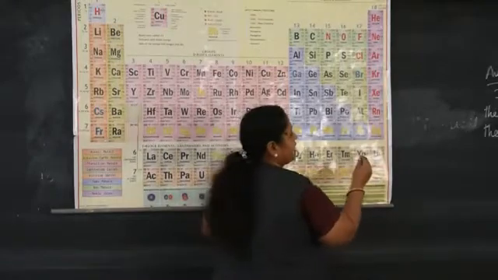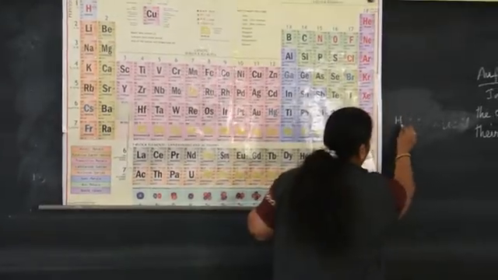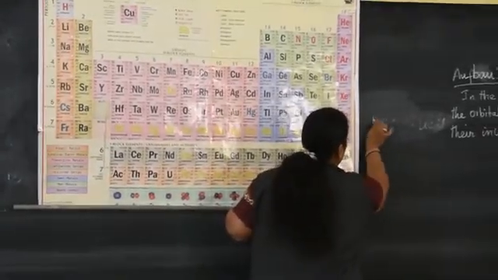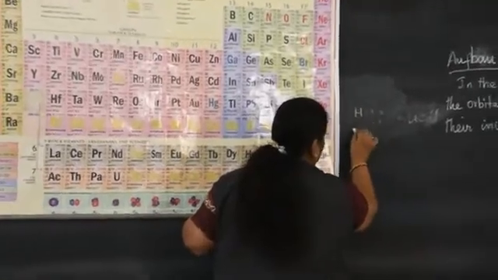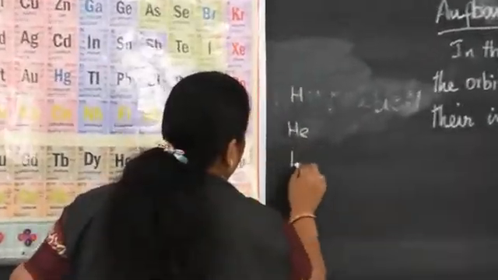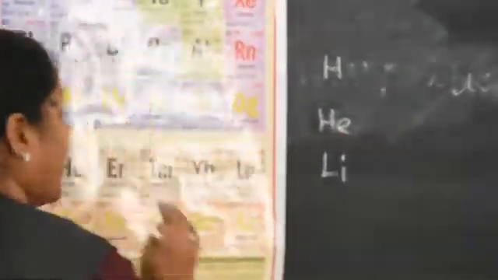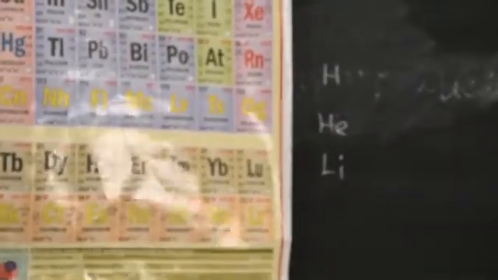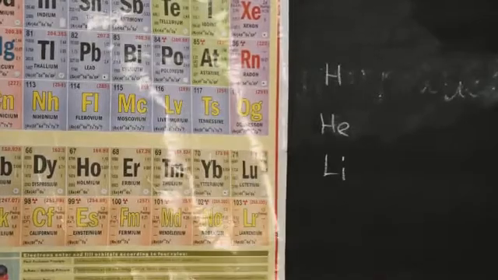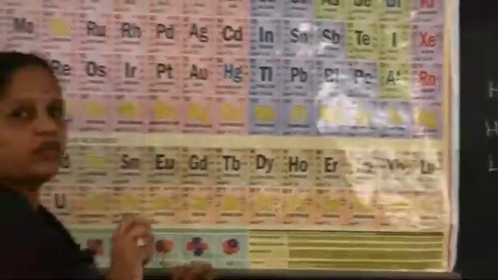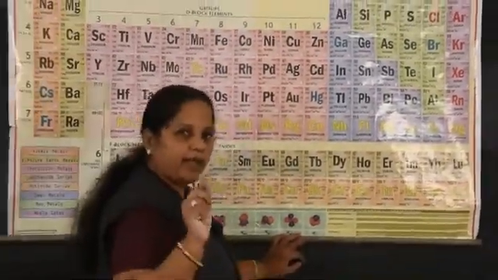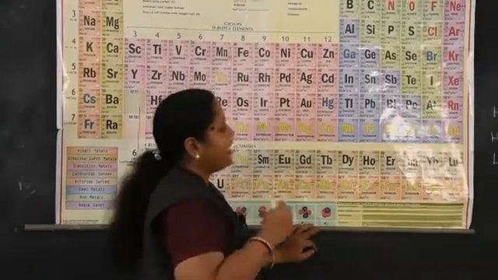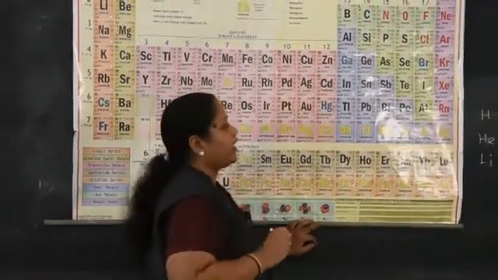The first element is hydrogen, next helium, third one is lithium, arranged in the increasing order of atomic number. Here these elements are further classified into s block, p block, d block and f block elements.